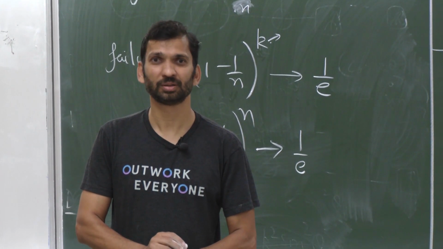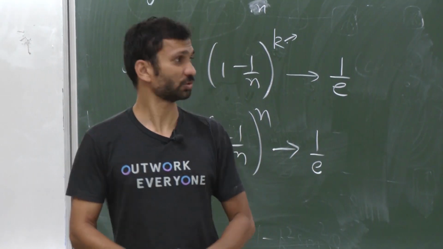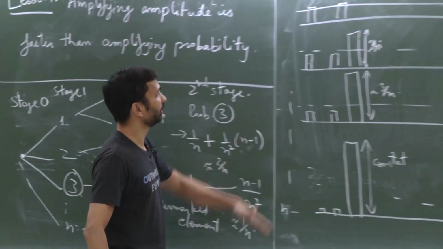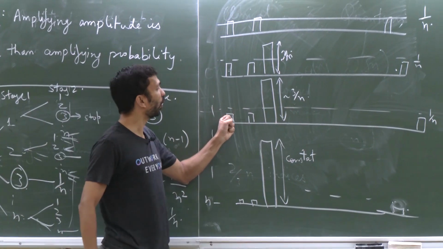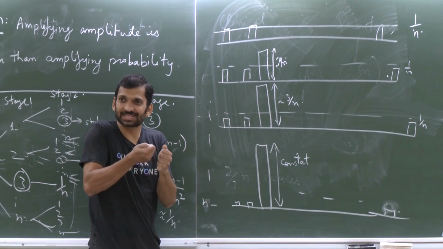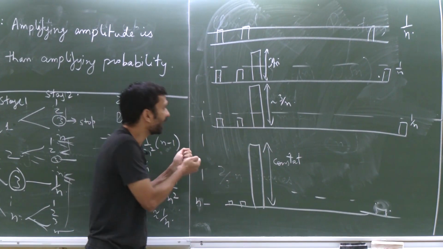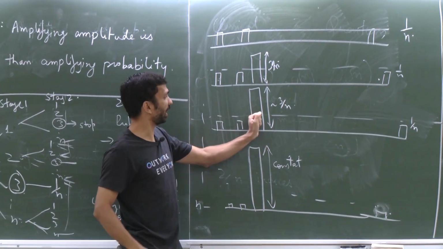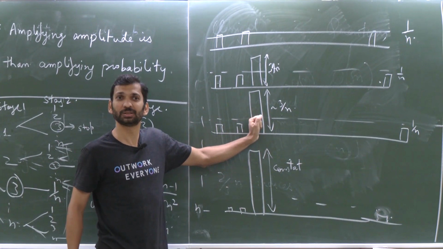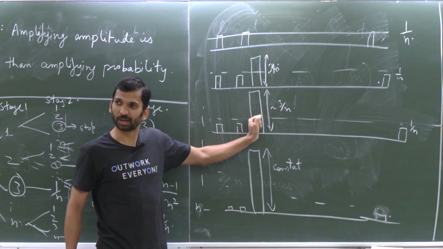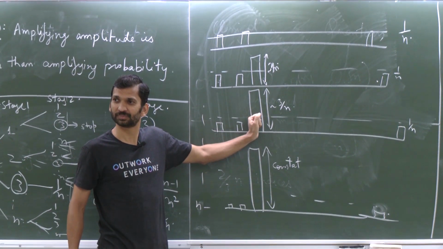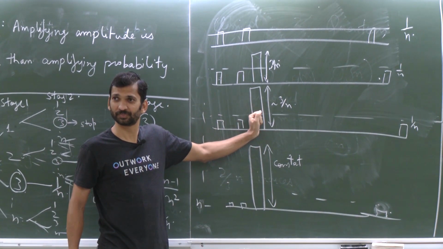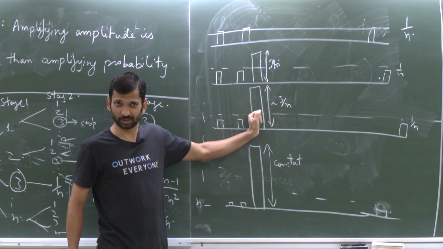Okay? Correct? So what happens at every stage? If I look at this stage, all of these take some probability and add the probability, amplify the probability of the marked element. Correct?